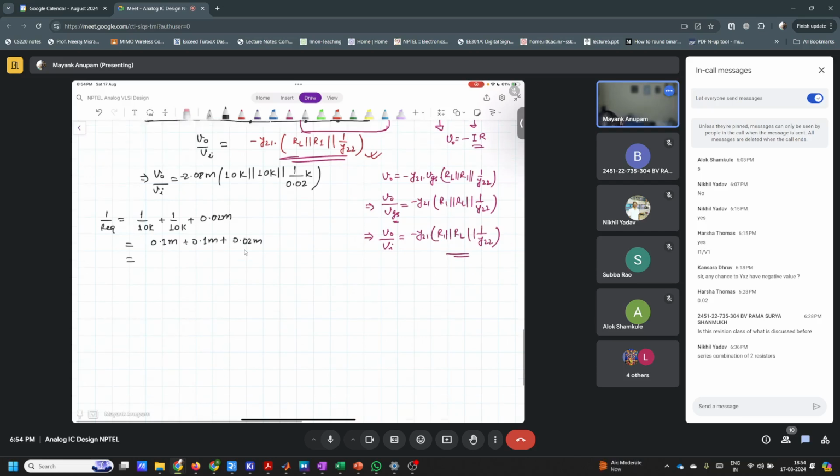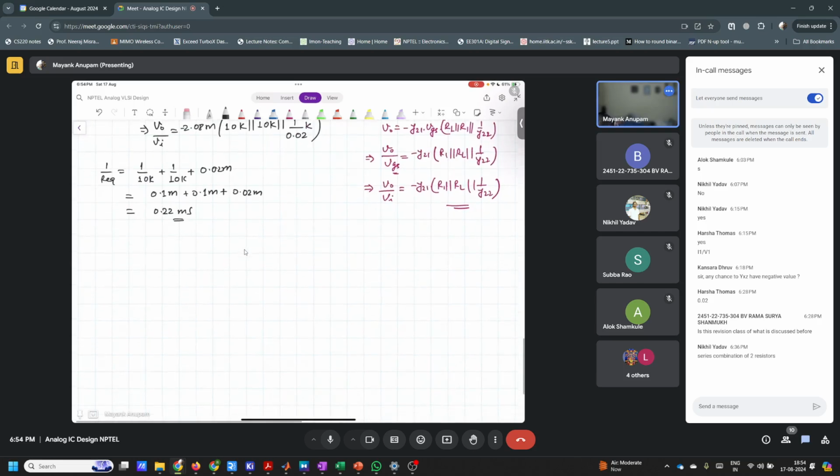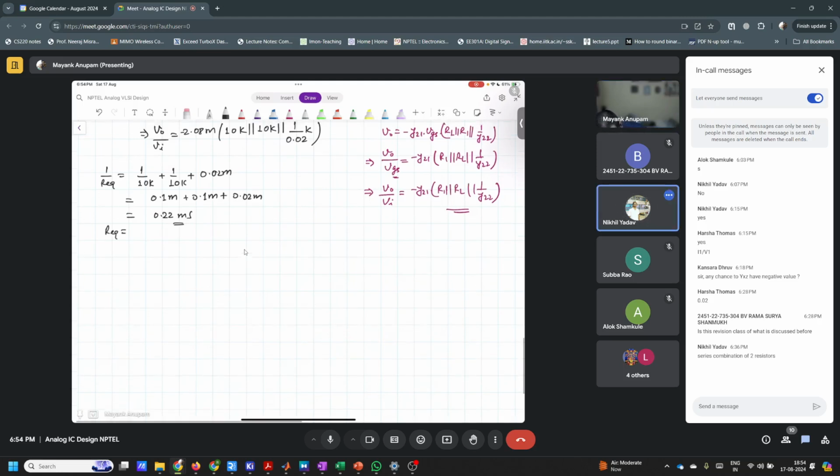How much will this be? 0.22 millisiemens. So what is the net R equivalent? 4.54. Is this 4.54?